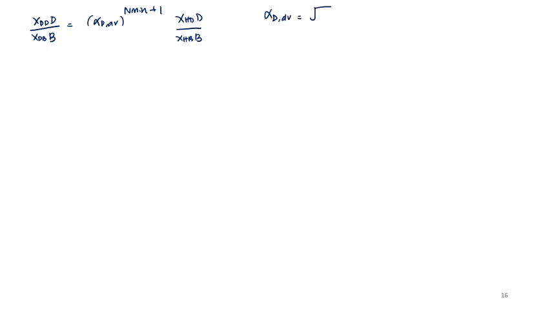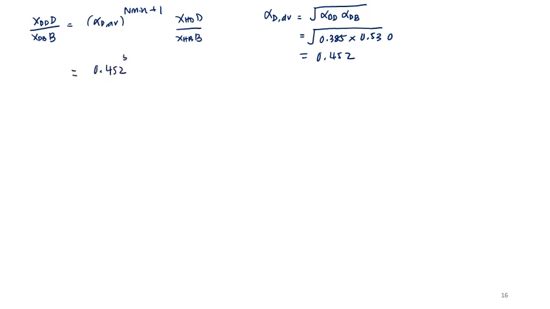It's the geometric mean of alpha D at the distillate and alpha D at the bottom. You can refer to these values from the table on the previous slide. You should get 0.452, and you can put this into the formula.